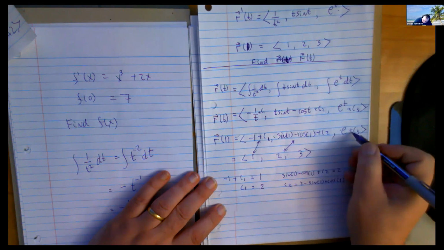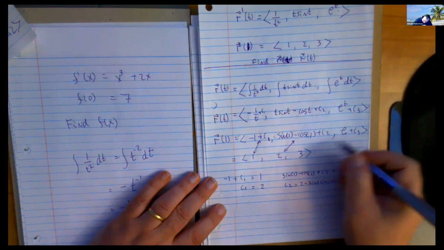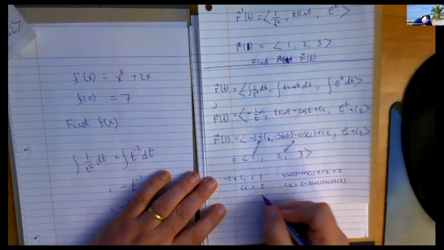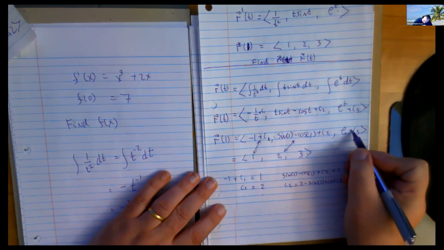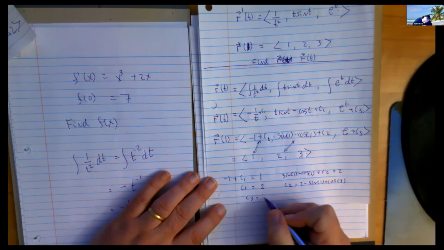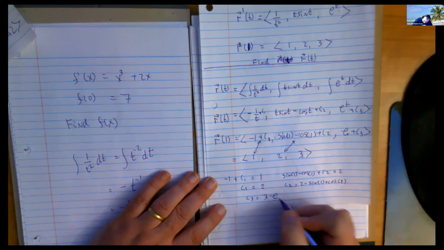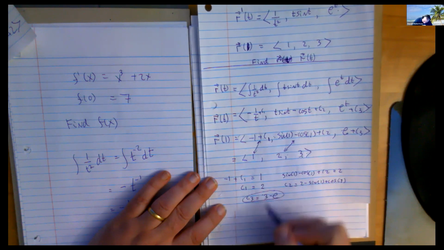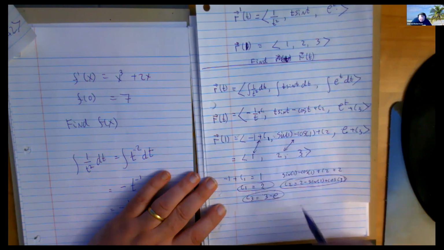And then if I do the last one, I get e plus c3 equals 3, so c3 is equal to 3 take away e. So that's what c3 is, that's what c1 is, and that's what c2 is.